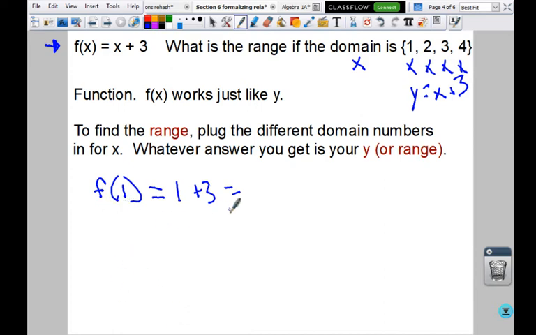I plugged in 1, and I'm going to get 1 plus 3 out of it. What's 1 plus 3? 4. I plugged in 1, and I got a 4. I only need to solve this piece over here on the right. So it's just like a calculator problem. You just plug it into Desmos and see what you get. So I don't do anything with this except plug in the number for x, and then I solve the right side and just get rid of the equals.